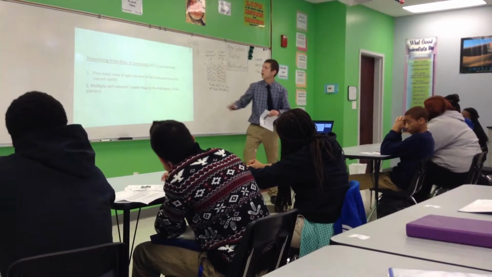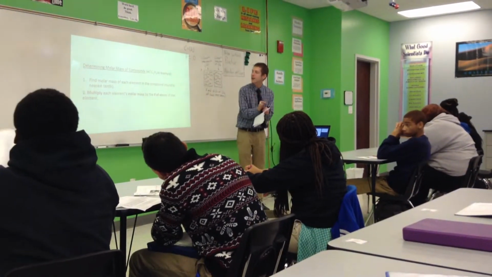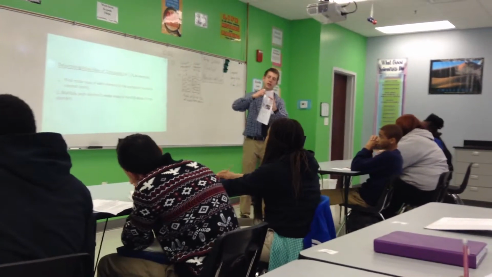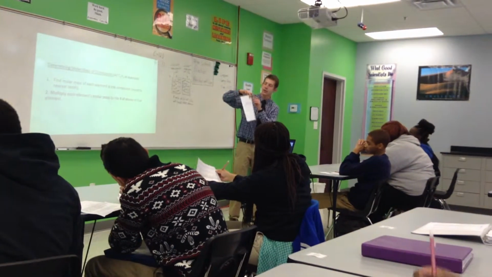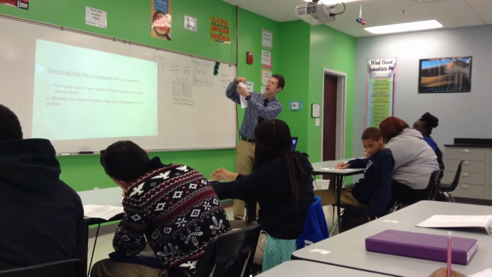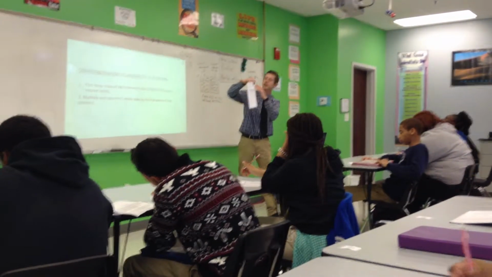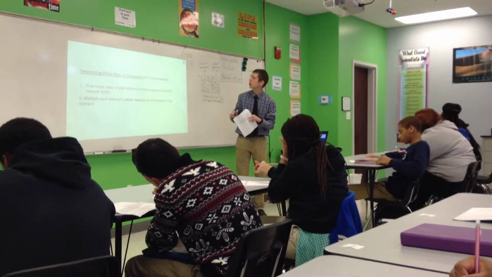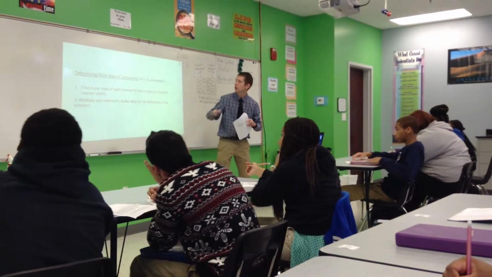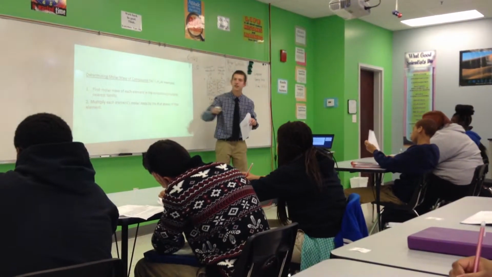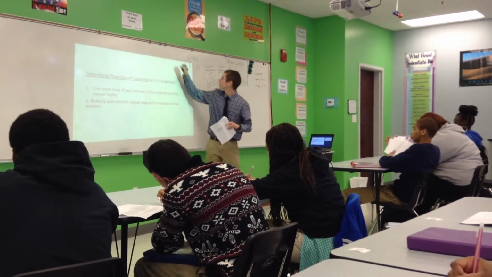Next, we are multiplying each element's molar mass by the number of atoms of that element. Now, if we turn the page and look at the top, there's not much space underneath number 2. So go ahead and write this number 2 step for our example in that space underneath 3 as well. But real quickly, we're going to multiply each element's molar mass by the number of atoms of that element. And Carissa, I think this is where you were going with your 2.